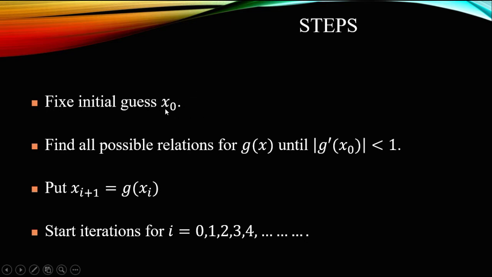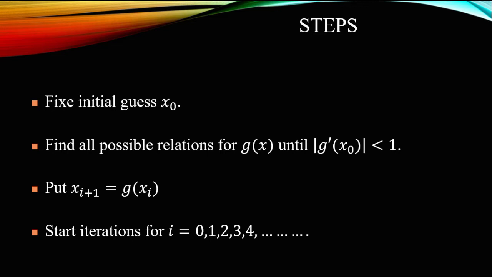You can find x naught very easily, or it will be given to you. Then you need to decide g of x, that is, what should be the right scheme generating function. How could we decide it? We will discuss it in the example.